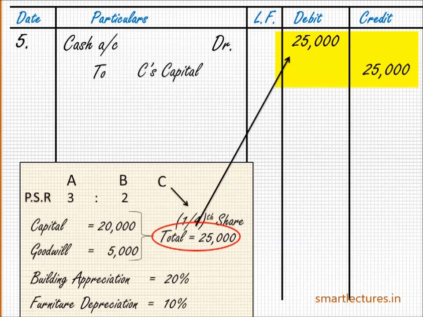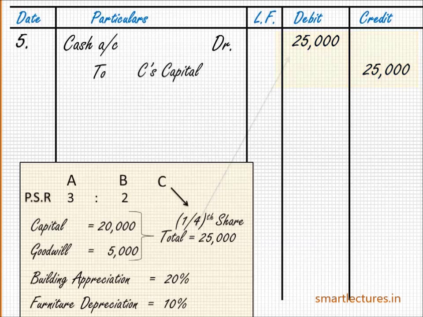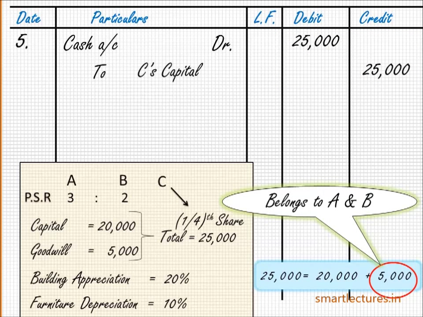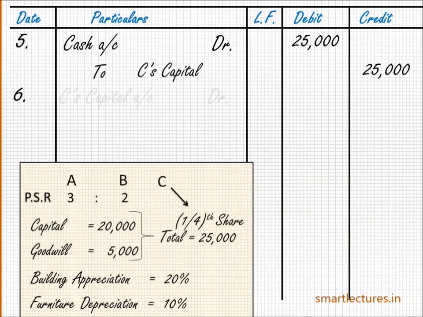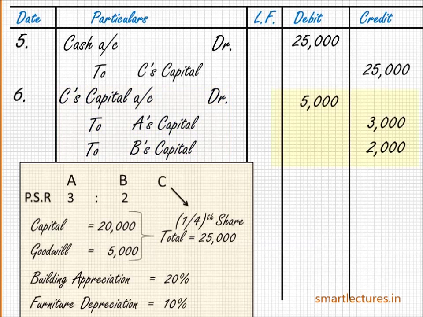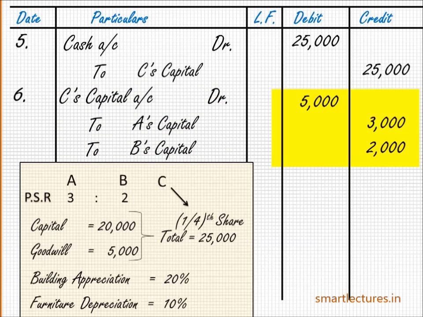You know, out of this 25,000, 5,000 belongs to A and B, because 5,000 has been brought by C for the compensation to A and B, because they have sacrificed. That's why he has brought rupees 5,000 as goodwill. So C's capital account debit to A's capital to B's capital, and the amounts will be 5,000, 3,000, 2,000.